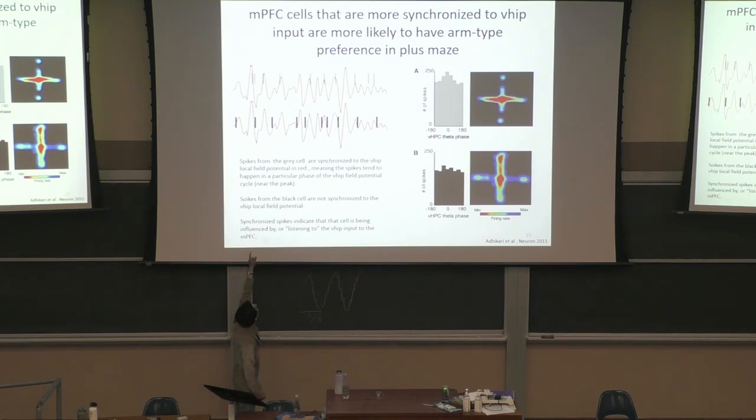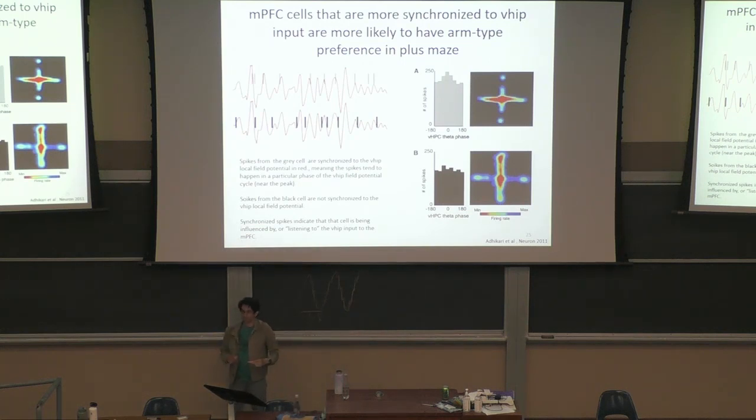The spikes tend to happen at the peak of the oscillation. And in this other case, we have this cell that doesn't separate well one arm type from the other. And that cell's spikes were not very locked to the oscillation. So one spike occurred at the peak of the oscillation, another spike occurred at the trough of the oscillation.